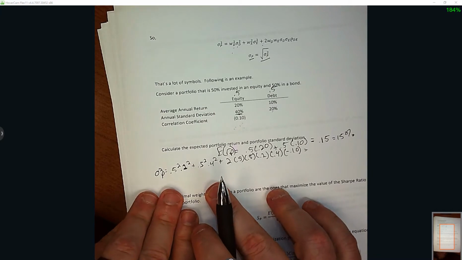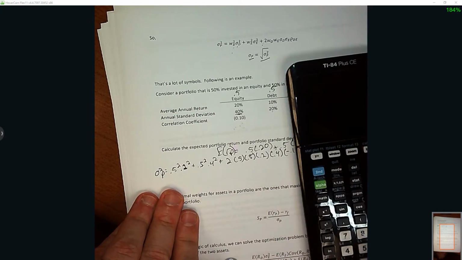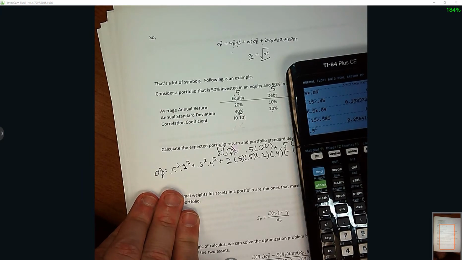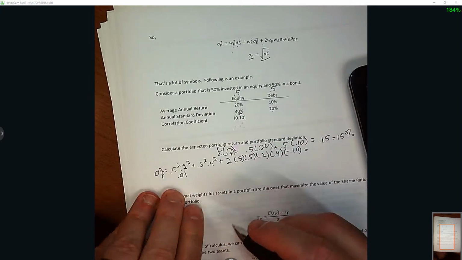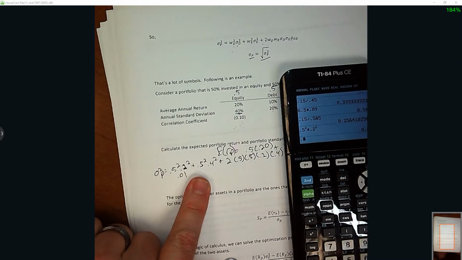So let's just go through these different arguments and calculate them independently. I'm going to take 0.5 squared times 0.2 squared, and I get 0.01. I'm going to take 0.5 squared multiplied by 0.4 squared.